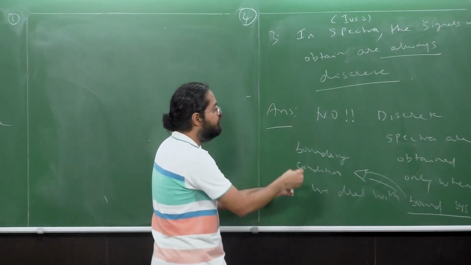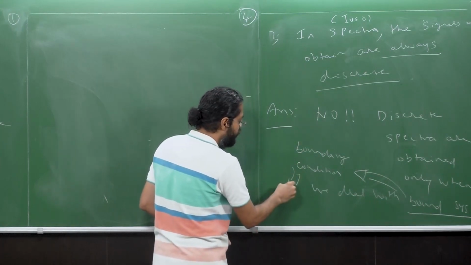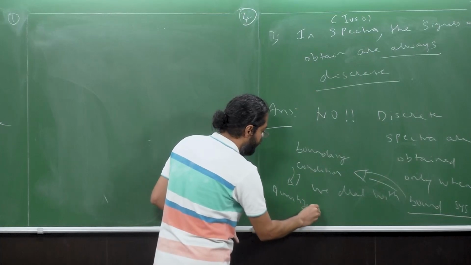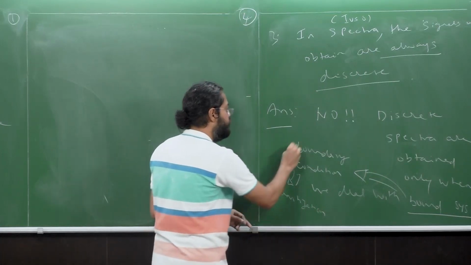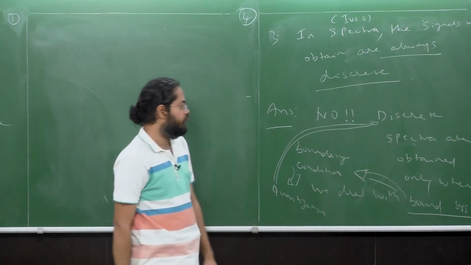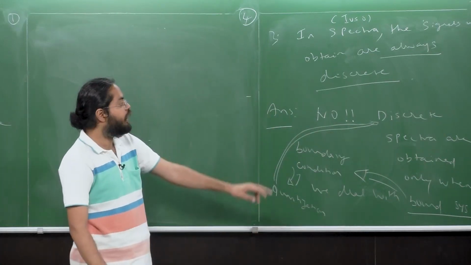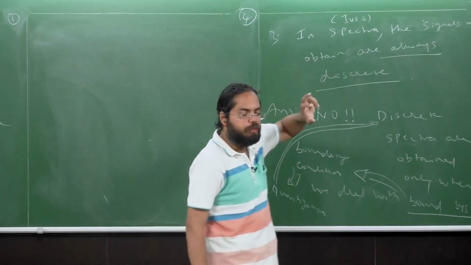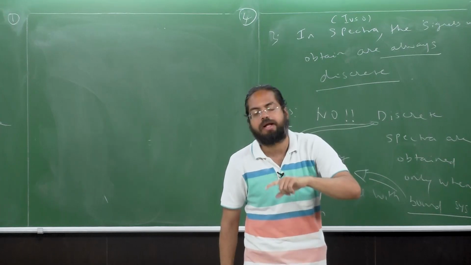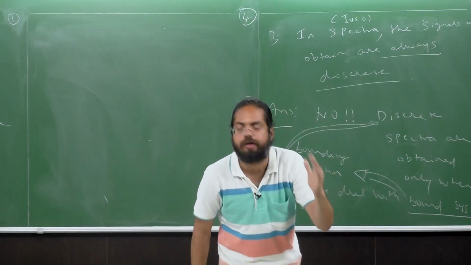This boundary condition results in quantization, and this quantization is what results in discrete spectra. So the key is, we should not just be discussing any quantum mechanical entity, but a quantum mechanical entity that should be a bound state.